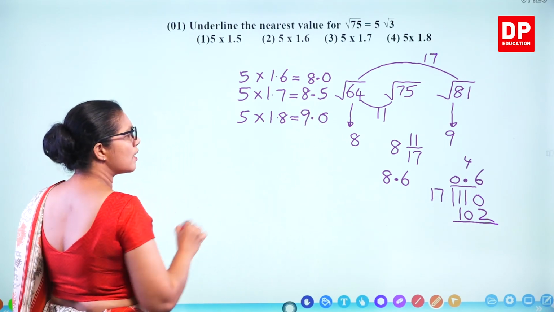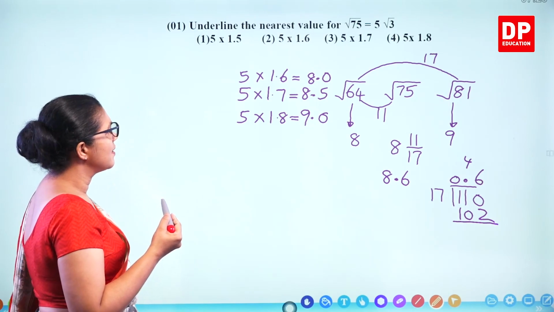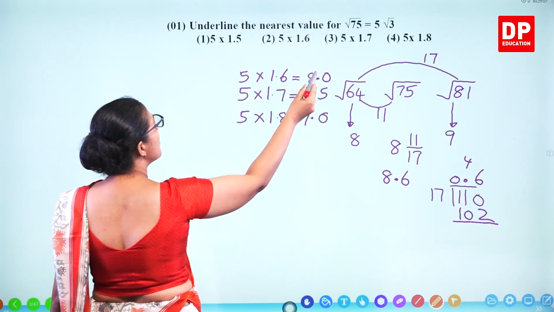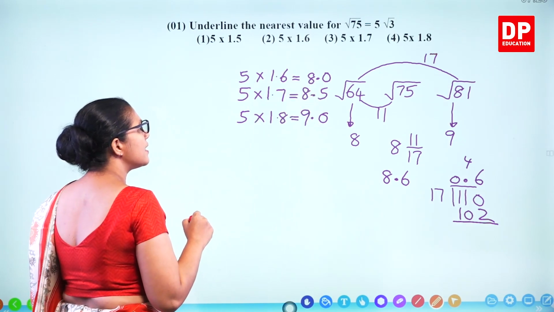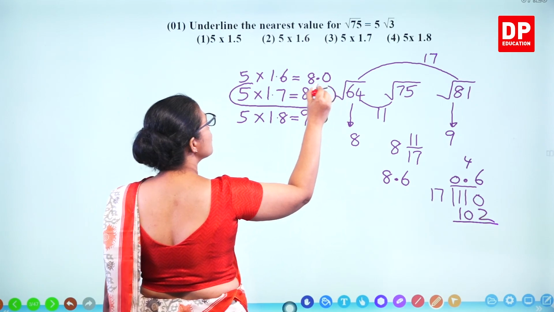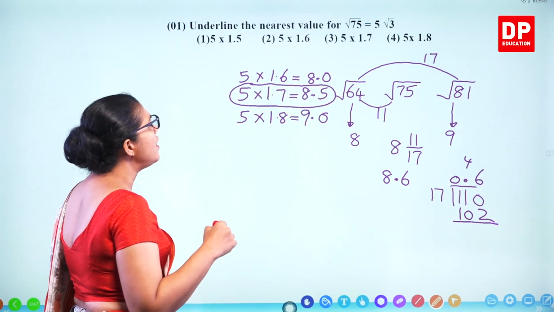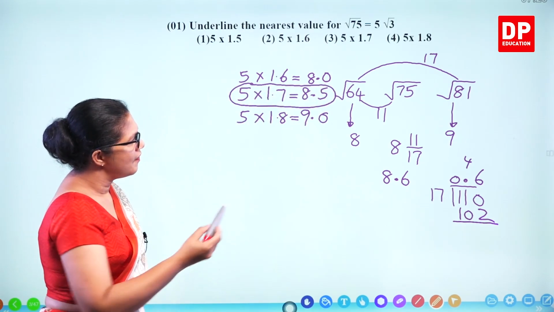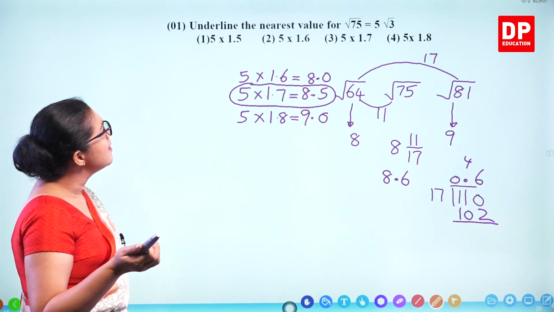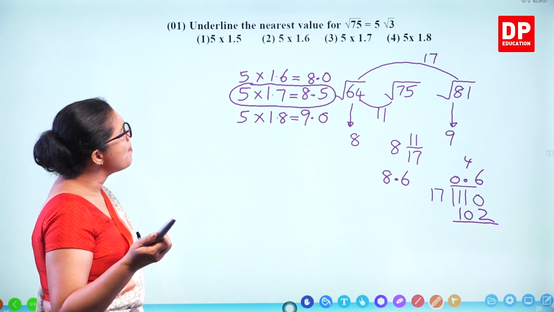Now which one is closer to 8.6? You don't need this one, that's lower than 8. So this is close to this one. That's one method. But you don't need that, because in 2 minutes you can easily find it using another method.